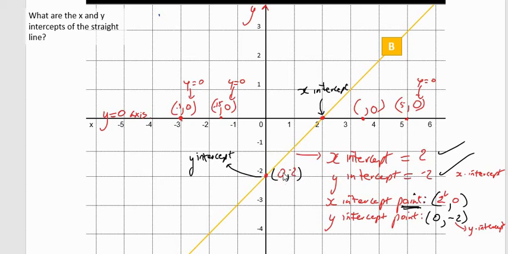Together we call it the y-intercept point. It's a point because it has two coordinates, an x-coordinate and a y-coordinate. But the y value alone is simply called the y-intercept.